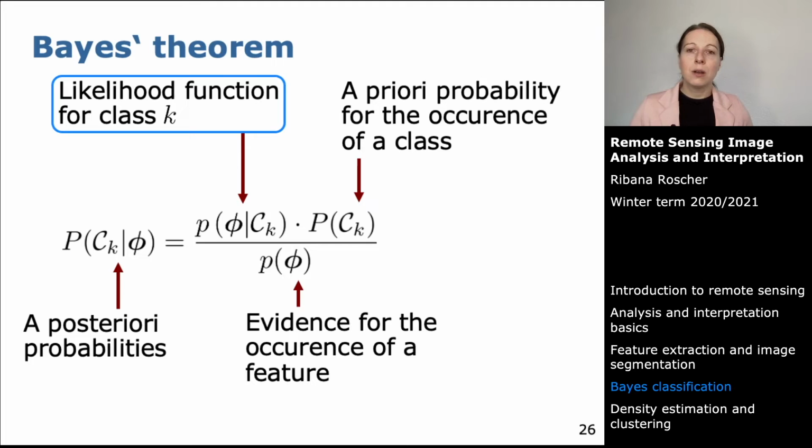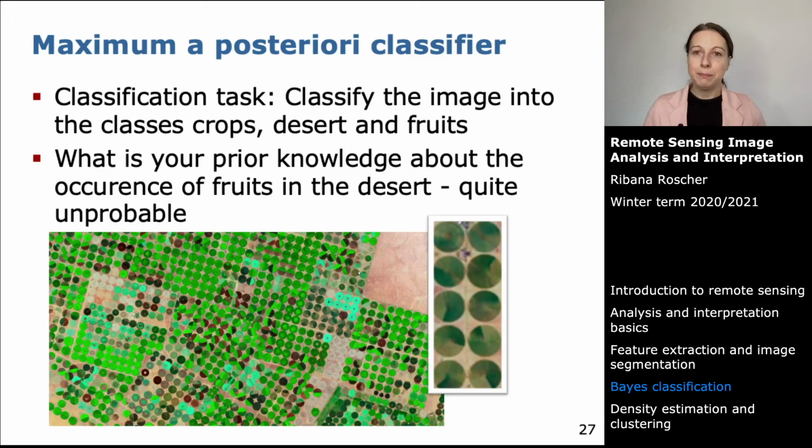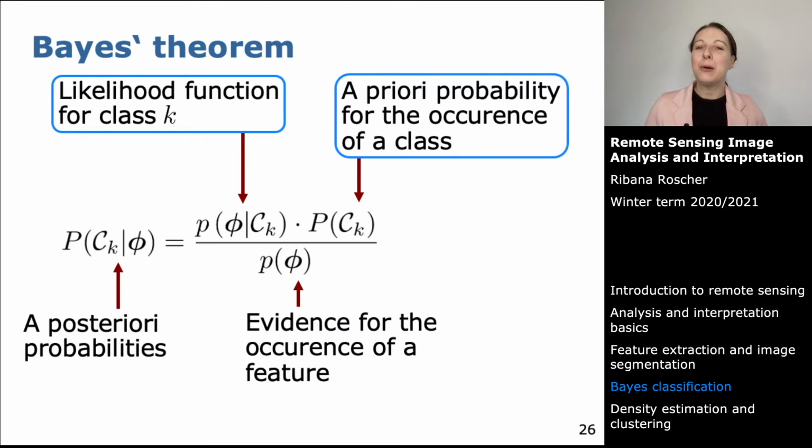And so let's come back to the Bayes theorem. So far we had a look at the likelihood function for specific classes K, and I showed you how to compute it and how we can already get a classifier from it. But sometimes you also have prior knowledge about how often a specific class will occur.